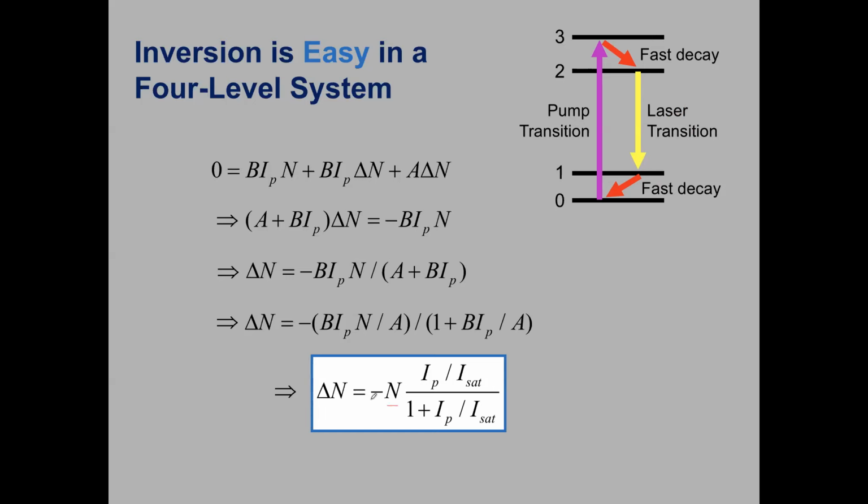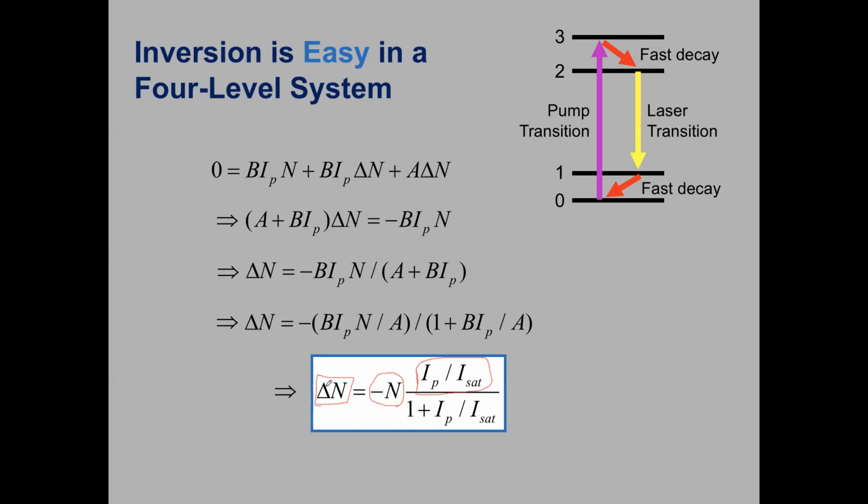So notice here the coefficient out front just has a negative sign. And even if your pump intensity is less than this ratio A over B, the saturation intensity, this numerator is still always positive. So it means, because of this negative sign, that delta N, regardless of how much energy you're throwing into the medium, is always negative.